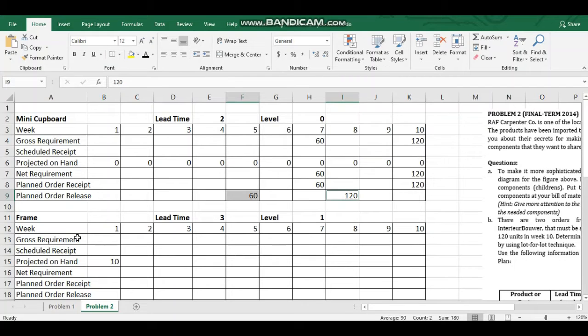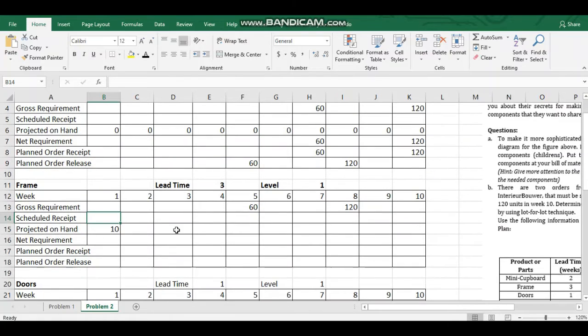So for the frame, the gross requirement appears in week 5, as much as 60, and also in week 8, as much as 120. So you have to follow the planned order release of the mini cupboard, right? There's no scheduled receipt.